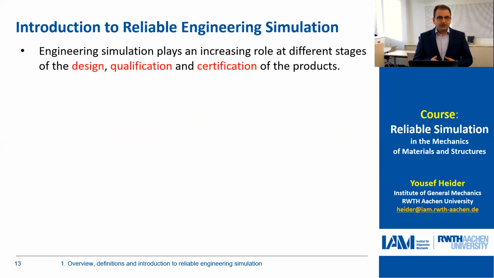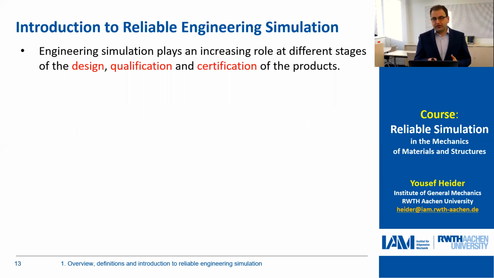So let's start with the real material. Now, reliable engineering simulation. Simulation in engineering applications in mechanical or civil engineering is a very important topic nowadays. It was not the case years ago, like 30, 40 years ago, when simulation results were not considered that reliable. So they did not use them in certification or in design.